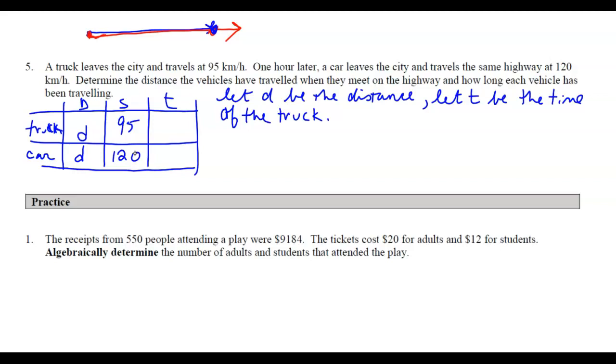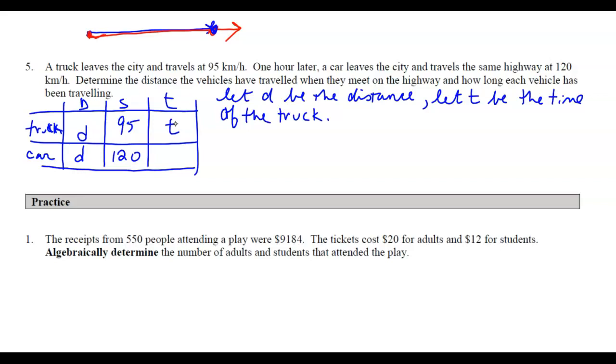My let statement was the time of the truck was T. What would the time of the car be when they meet up? T minus 1, because they wait an hour.